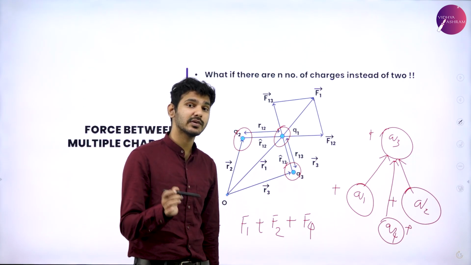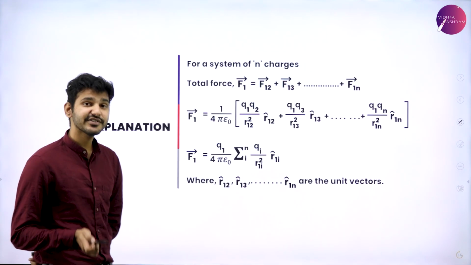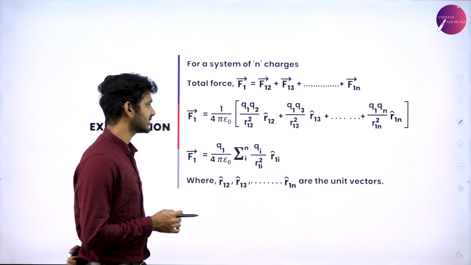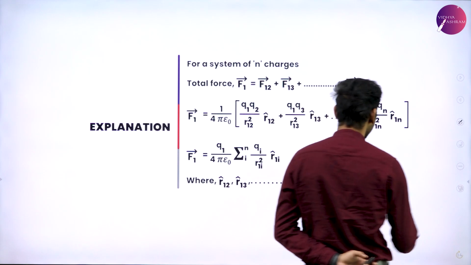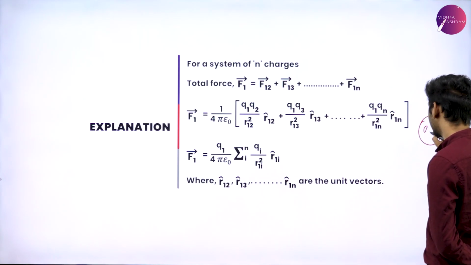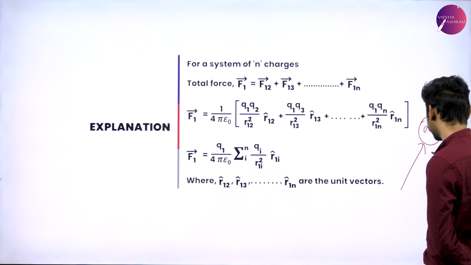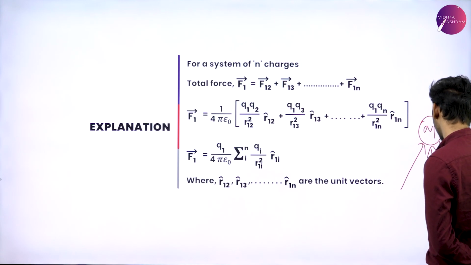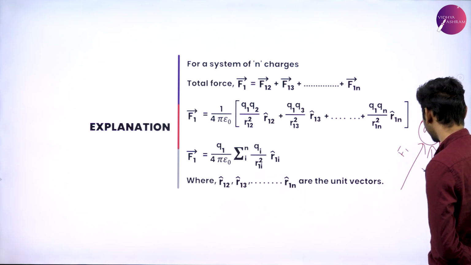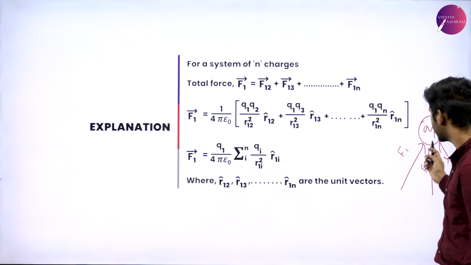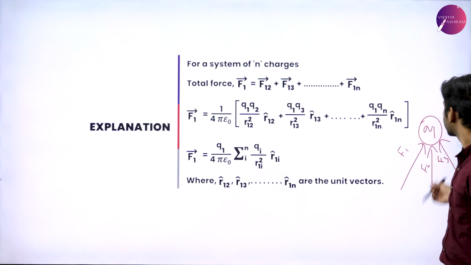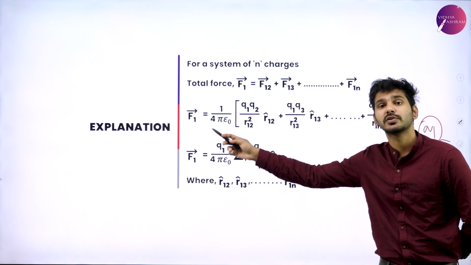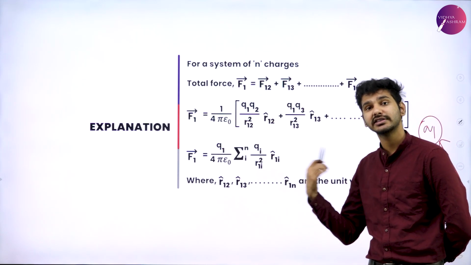So how do we calculate the vector sum of all these? If a system contains n number of charges, let's bring back the example of Q1, Q2, Q3 again. If Q1 experiences forces F1, F2, F3 and so on, then the total force will be the vector sum of all these forces.